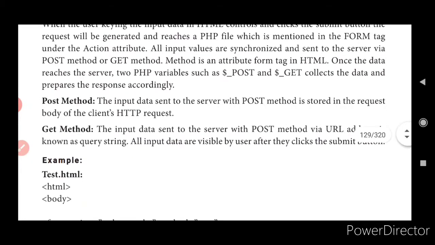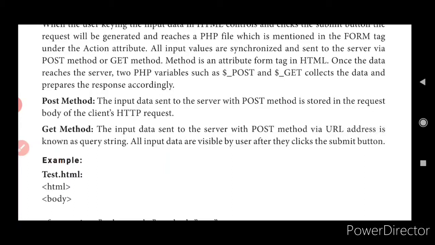What does your post method do? The input data sent to the server with the post method is stored in the request body of the client's HTTP request. Whatever content is there on the client side, the client is we, right? Whatever we are typing will be sent and stored on our server side, isn't it? That is going to be post. What is post generally?